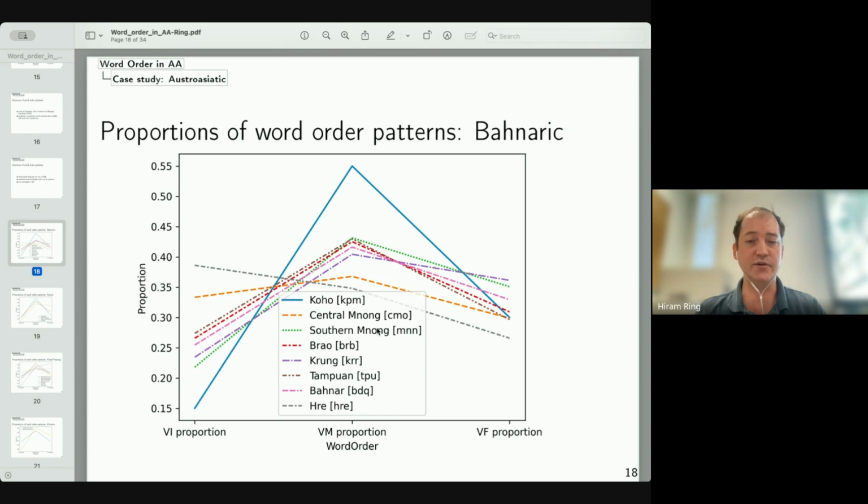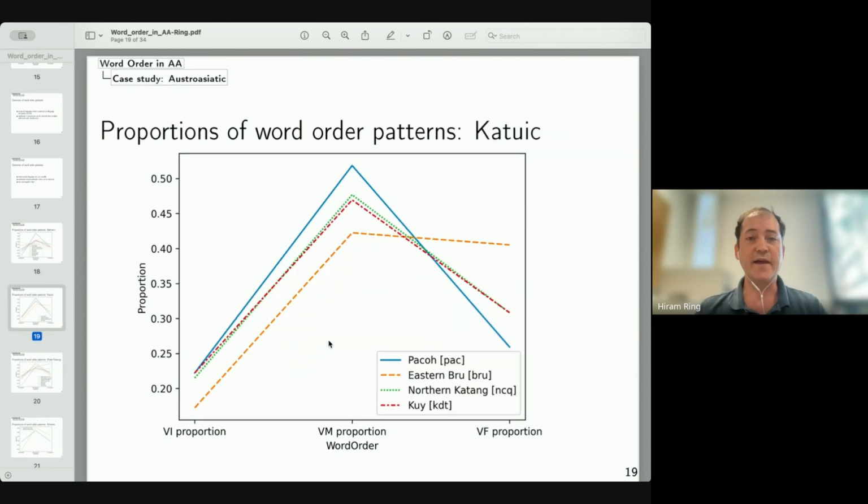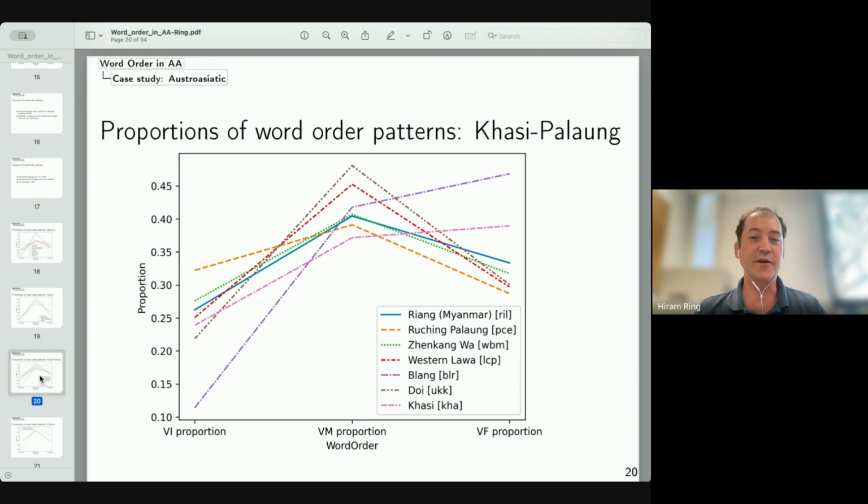But there's a few languages like Central Sedang and Tre which have a much higher proportion of verb initial structures, again based on this corpus. And then if we look at, say, Katuic, it's mostly verb medial. We do have some, Eastern Bru looks a little bit verb final. In Khasi and Palaung, mostly, again, verb medial, but we have some interesting increases in the verb initial proportions.